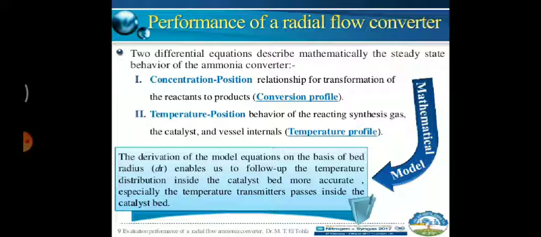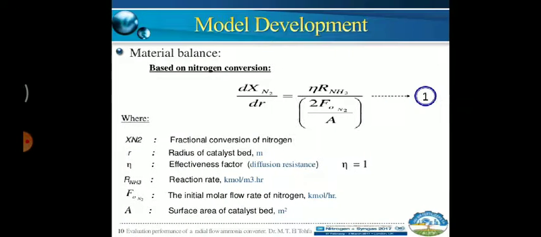The derivation of the model equations is on the basis of the bed radius, considering it as dr, and it is unable to follow the temperature distribution inside the catalyst bed more accurately.